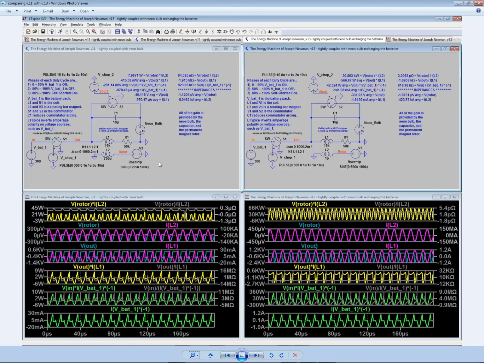So I am going to look up today to see if I can find LT-SPICE modeling of a motor or a generator. And then I have to somehow vary the frequency here, the 100K frequency on this V3, and I have to vary the 10 microsecond duty cycle on S2 and S1, because I have them both at 10 microseconds to match the 100 kilohertz.